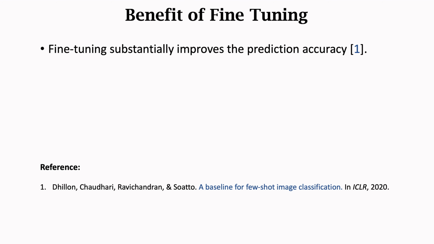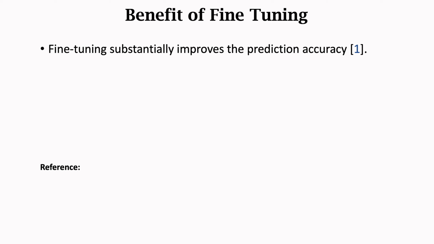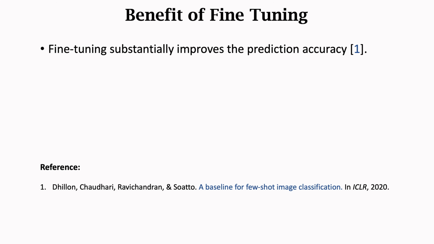Many papers empirically demonstrated that fine-tuning can substantially improve prediction accuracy. This ICLR 2020 paper concludes that fine-tuning leads to big improvements. For 5-way one-shot, the improvement is 2 to 7%.